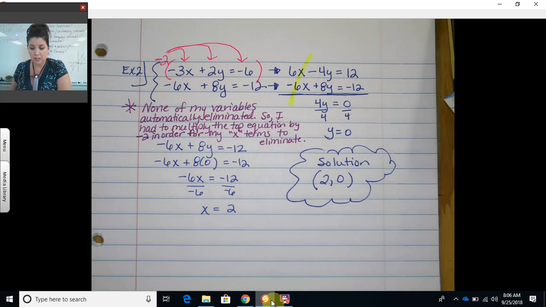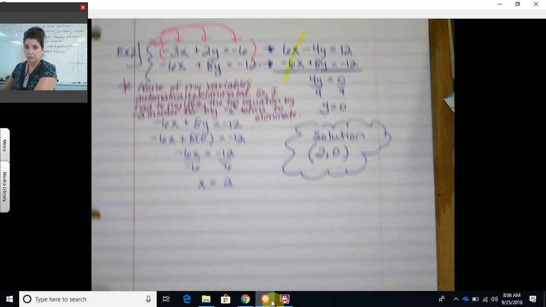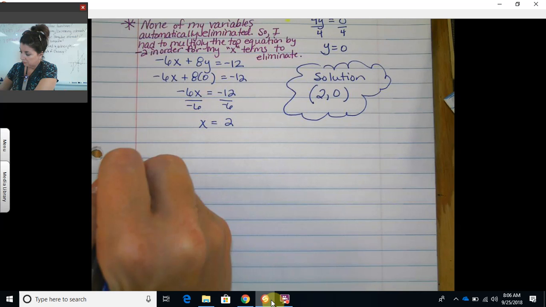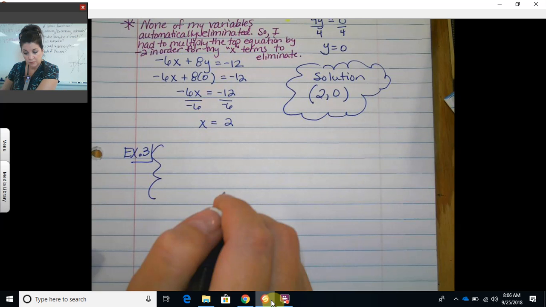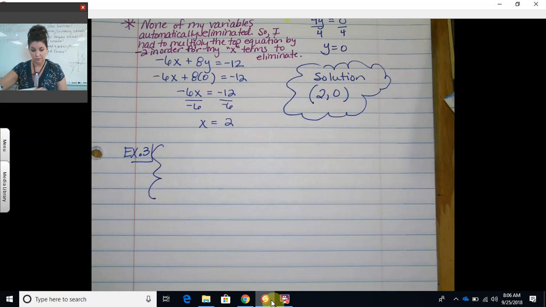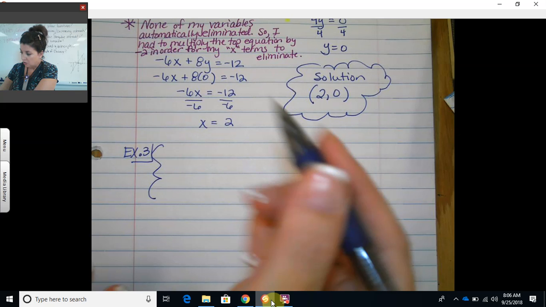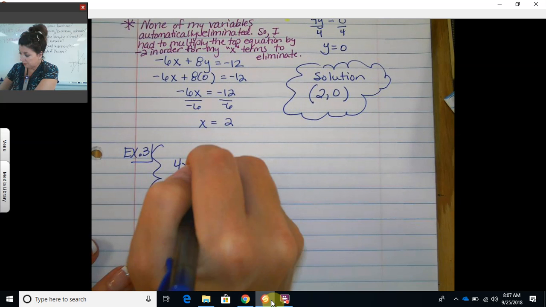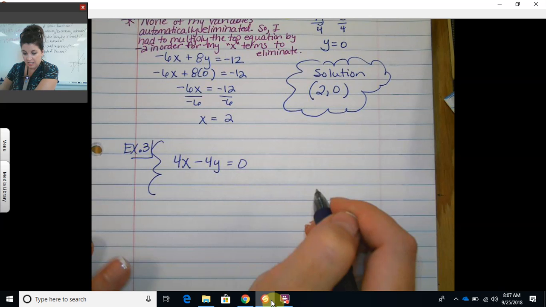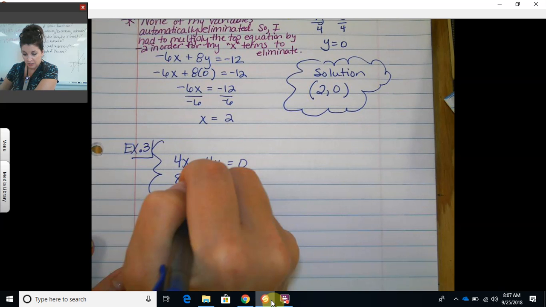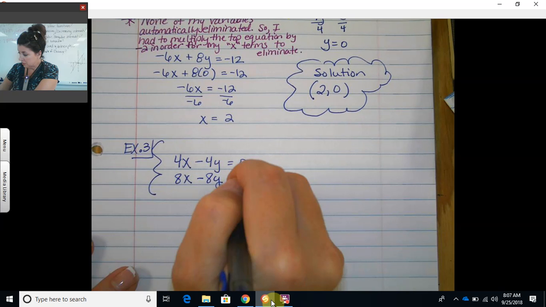Example 3. 4x minus 4y equals 0, and 8x minus 8y equals -8.